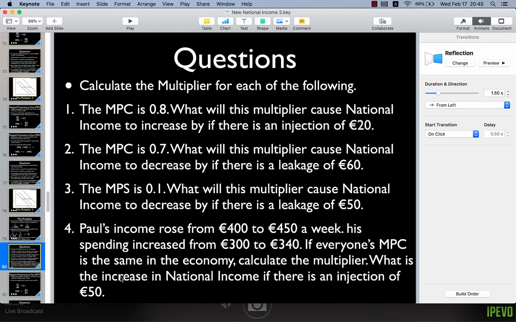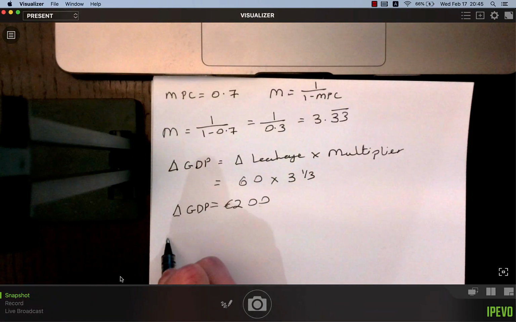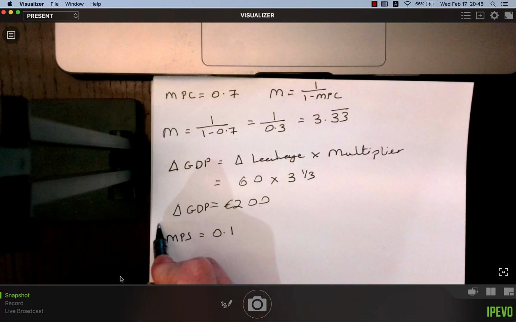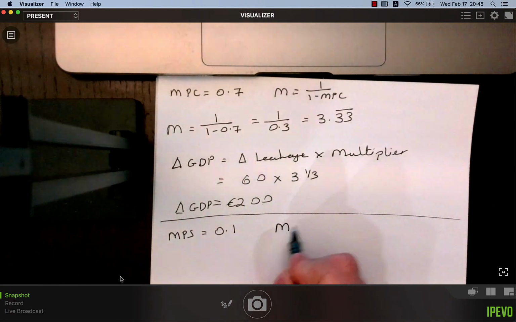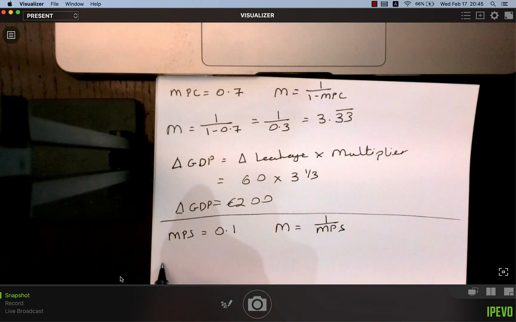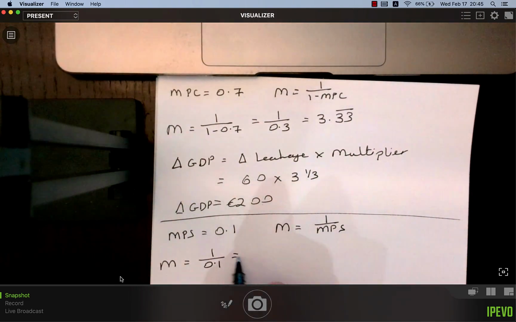Now, the MPS is 0.1. What will the multiplier cause national income to decrease by if there is a leakage of 50? Okay, so the MPS equals 0.1. I'll just put a line under that, okay? And the multiplier now equals 1 over the MPS. So the multiplier equals 1 over 0.1, which equals 10, okay?